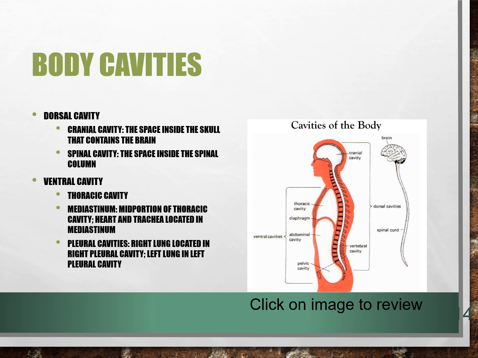Some interesting little tidbits to remember is that the mediastinum is the space in between the lungs where the heart is located. The trachea is also located there. And the pleural cavities are the cavities that the right and left lungs are located in, these little separate sacs.